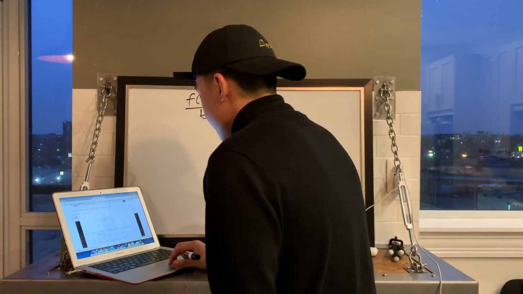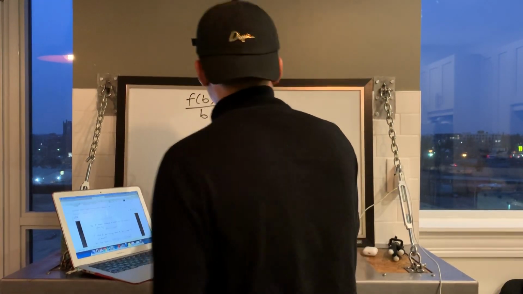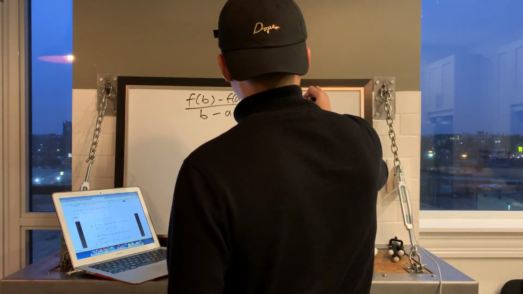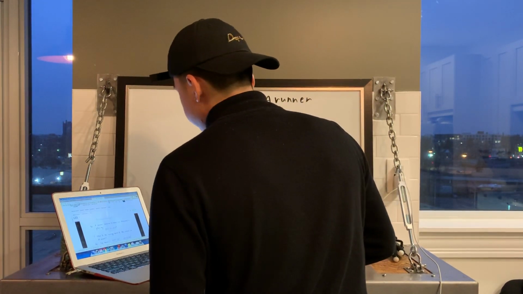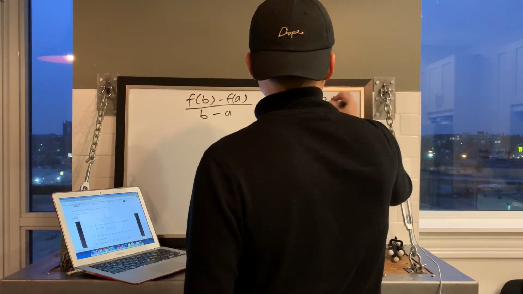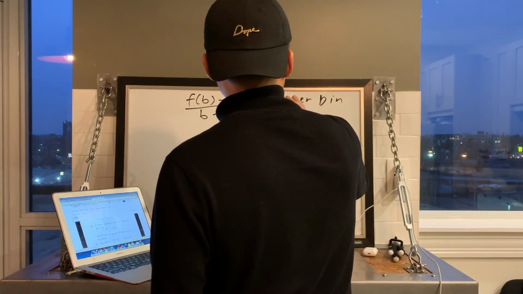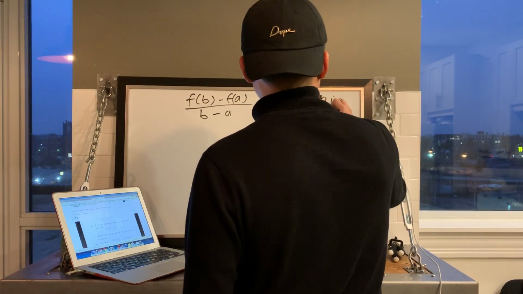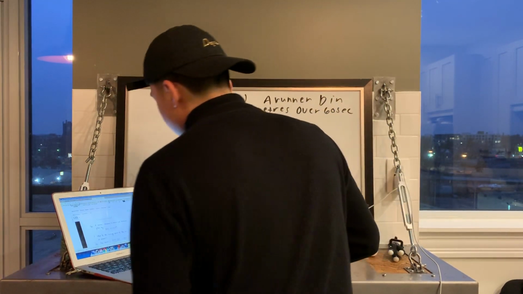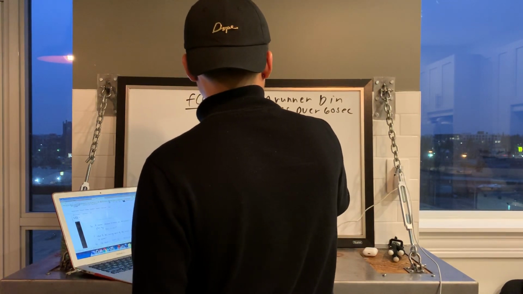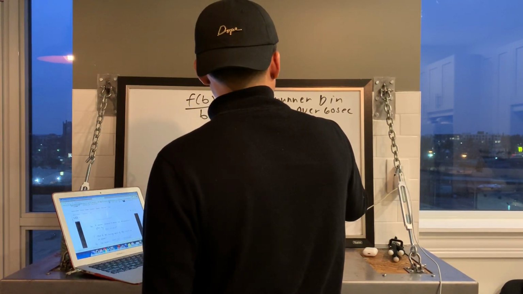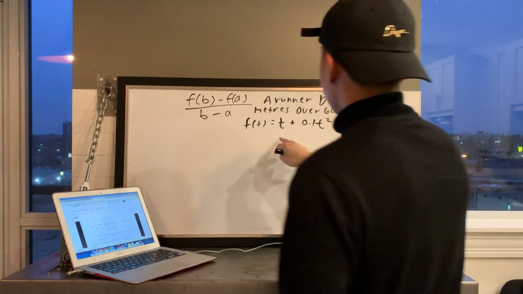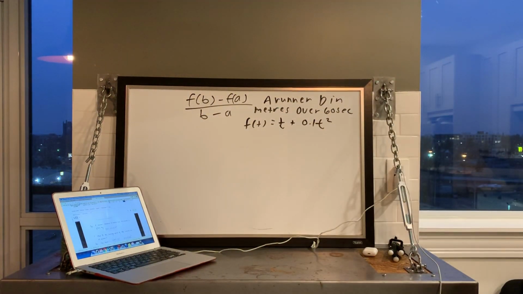So if you have a runner, let's say, I'll write the question up here: a runner, distance d in meters, over 60 seconds is given by this function f of t equals t plus 0.1 t squared.